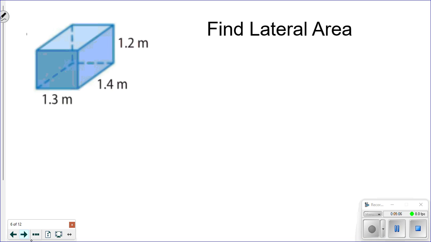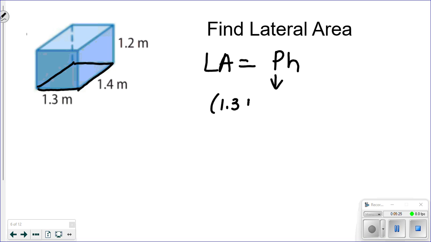Okay, last one. Perimeter of my base. I'm going to call this my base since that's what it's sitting on, and since it's a rectangular prism, any of them can be my base, but I'm going to use what it's sitting on. So it's going to be 1.3 plus 1.4 plus 1.3 plus 1.4.